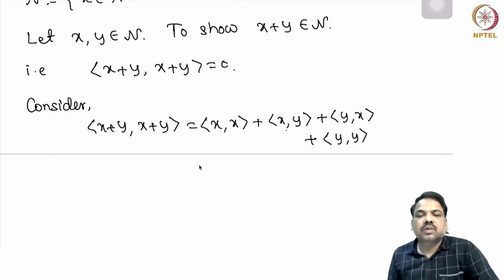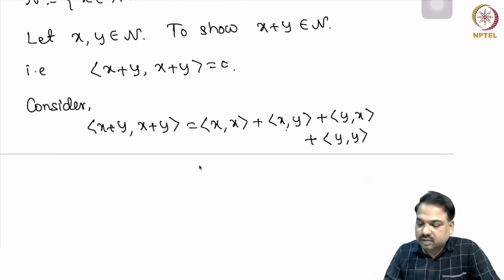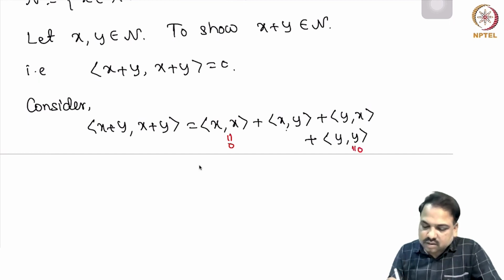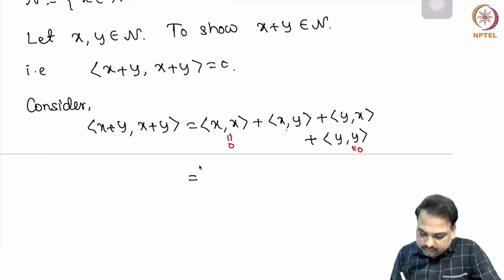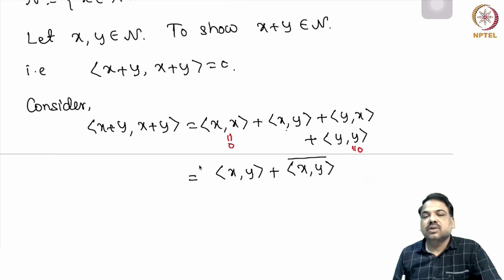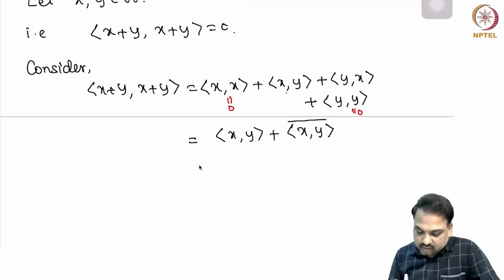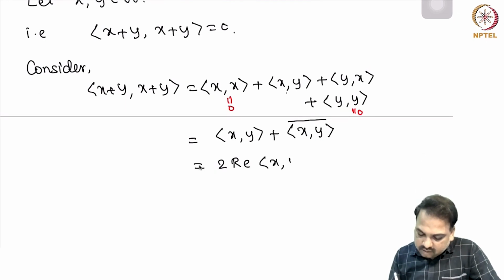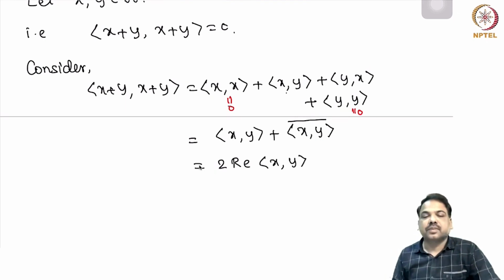Now we know that the semi-inner product of x with itself is 0. Similarly, the semi-inner product of y with itself is 0. So this is 0 and this is also 0. So we will remain with the semi-inner product of x with y, and the second one we can write as the conjugate of the semi-inner product of x with y when the field is complex. Otherwise we don't need to write this part. So this is 2 times the real part of the semi-inner product of x with y.